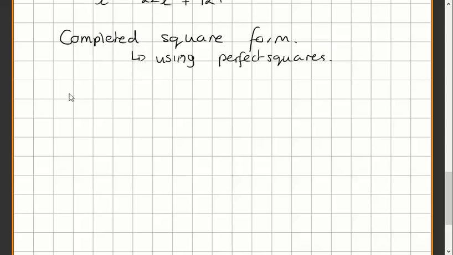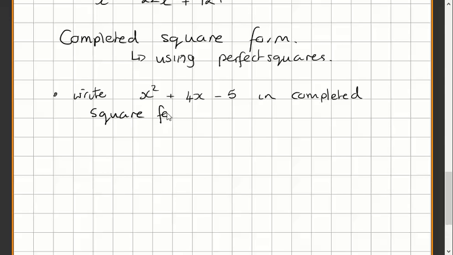So the task, for instance, would be: write x squared plus 4x minus 5 in completed square form. So my question to you, Christy, is x squared plus 4x minus 5 a perfect square?